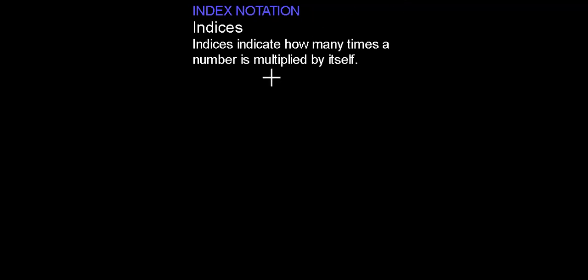Under this topic, we're going to look at index notation, and under index notation we're going to look at indices. First of all, we need to understand what they mean when they say indices. Indices indicate how many times a number is multiplied by itself.